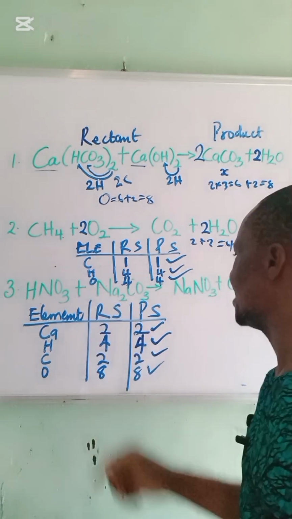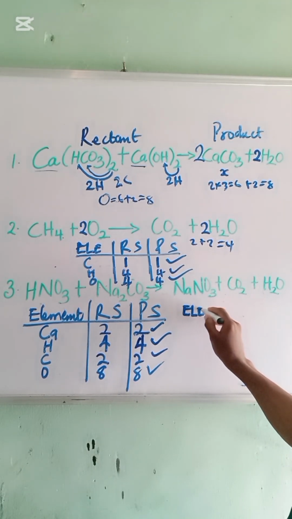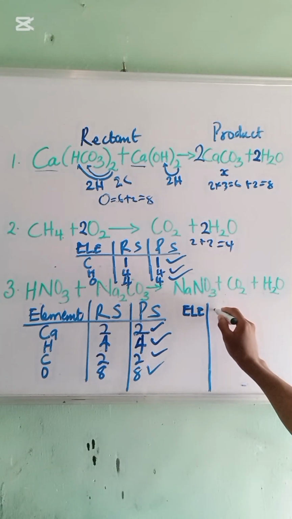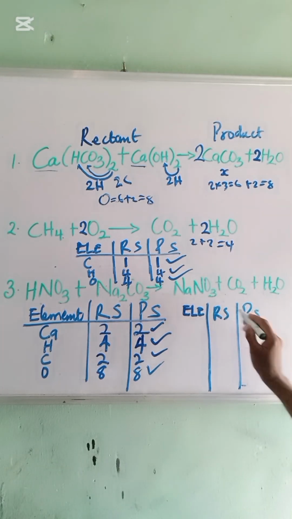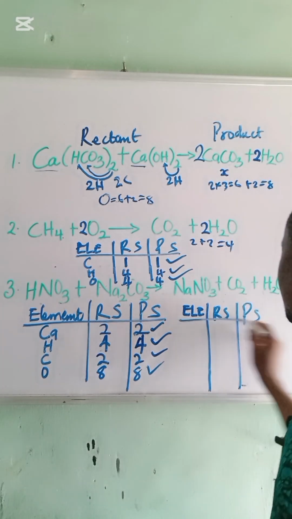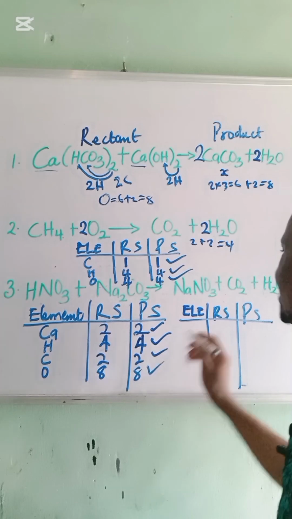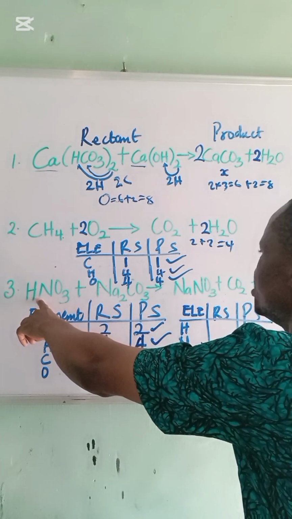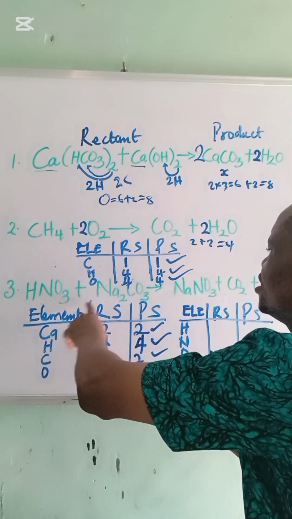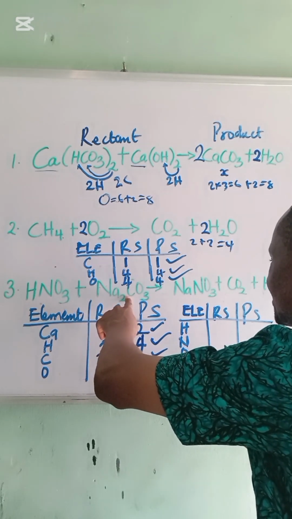Now let's take the last one. Remember we have the elements, we have the reactant side, and we have the product side. Now outline the elements at the reactant side, which is H is the first, nitrogen is the second, oxygen, then sodium, then carbon.